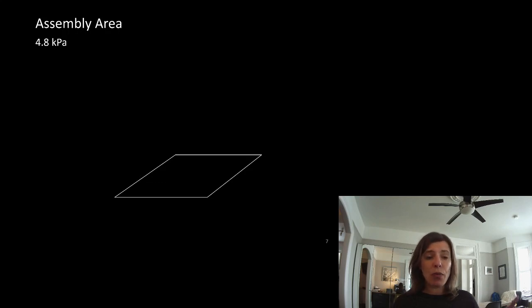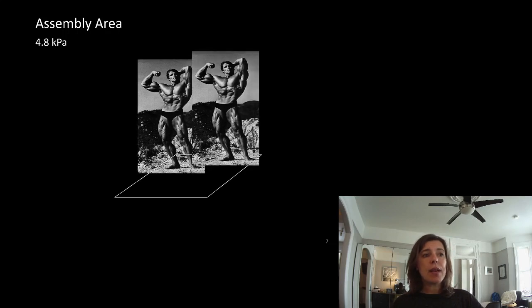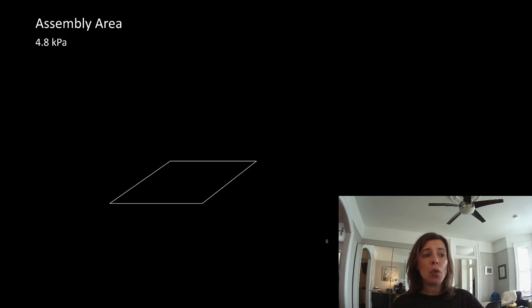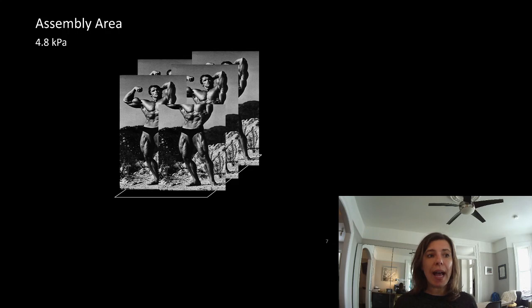What we're saying with 4.8 kPa is that in 1 meter by 1 meter square, we could have 4.8 Arnolds standing in a 1 meter by 1 meter square area on your floor. So that's tight spacing to have 4.8 Arnolds jammed into that space.